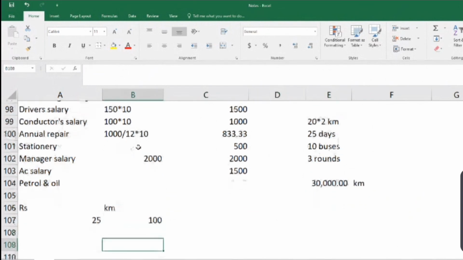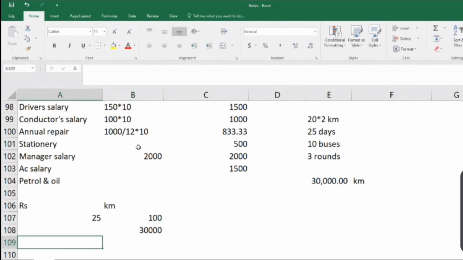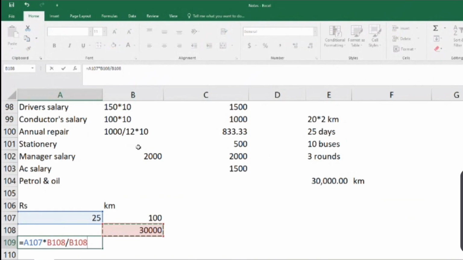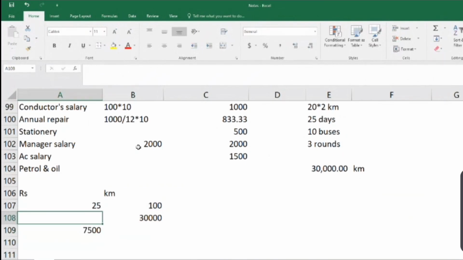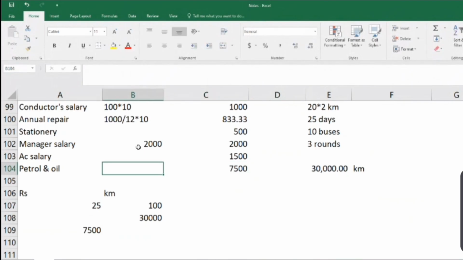So for 30,000 kilometers, how much petrol expense will you incur? Divided by 100. So you are getting 7,500. Your petrol expenses will be 7,500. You will incur this petrol expense irrespective of the number of passengers.